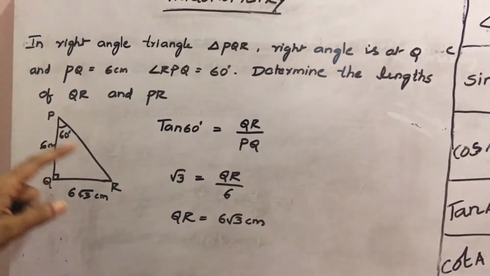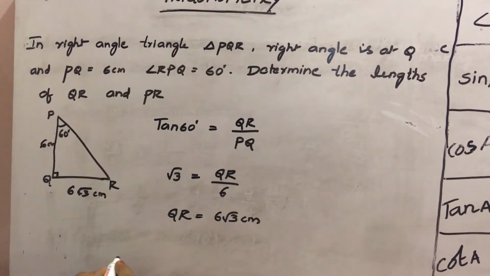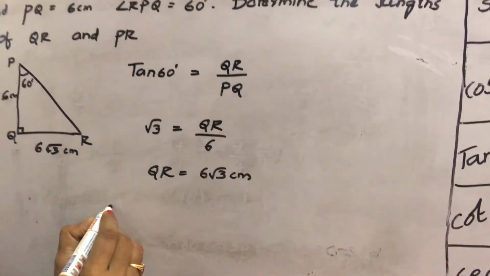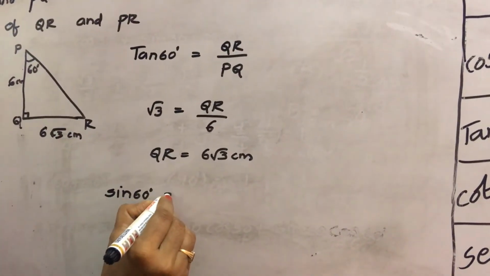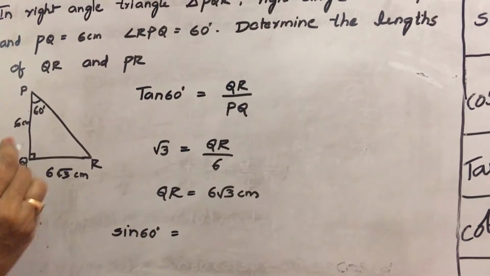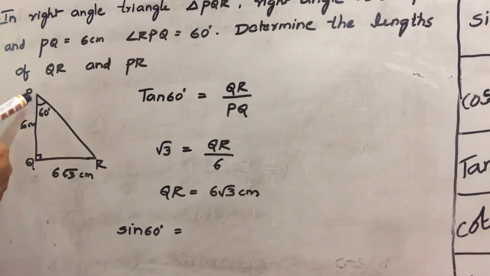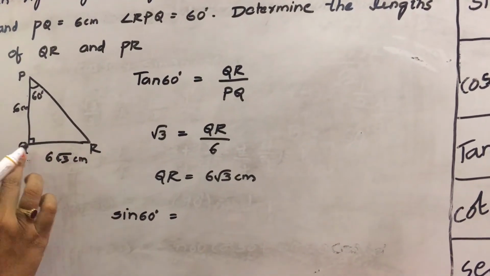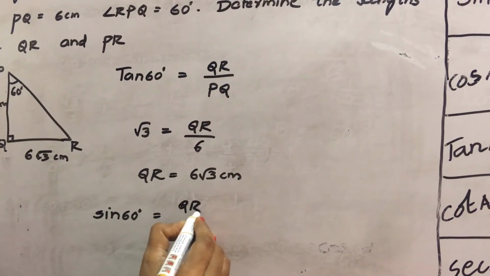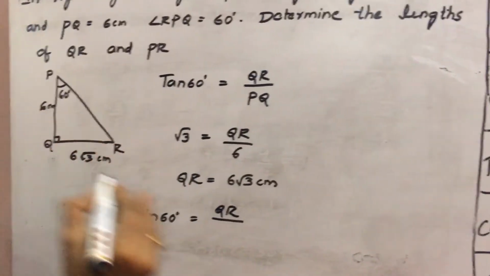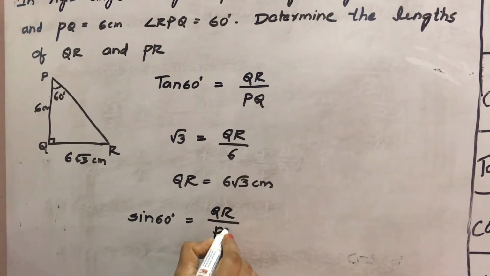Now we have to find out PR. We can take sin or cos. If you take sin 60 degrees is equal to, by the definition we can write opposite side to 60 degrees by hypotenuse. What is opposite side to 60 degrees? QR by hypotenuse is PR.